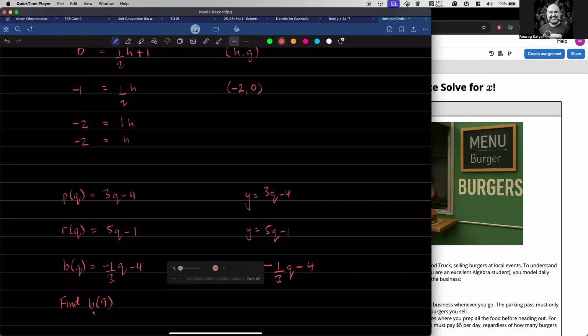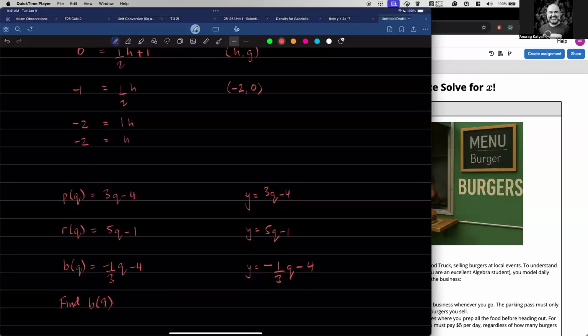When I say find b of 9, what is the value of the independent variable? You should know where the independent variable lives. It lives inside parentheses. So when I say find b of 9, I'm telling you that the independent value is 9. What am I asking for then? Which is the dependent variable's value, isn't it? Do we see how it condenses all that we have to say into just that little thing?